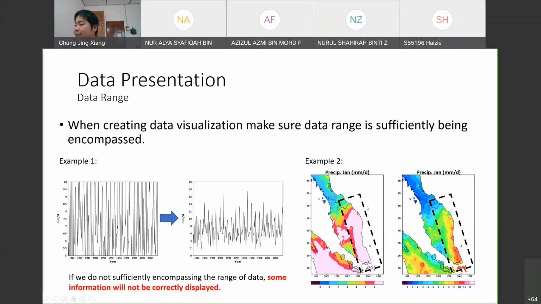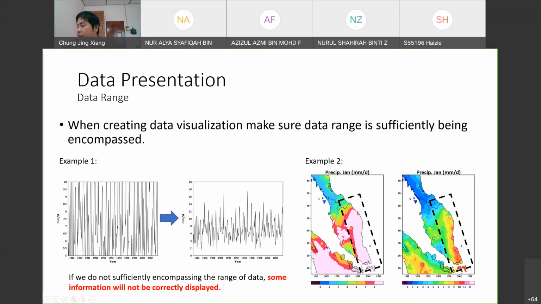On the left side, you can see very large patches of pink color. Pink color signifies rainfall of more than 6 mm per day. If you plot something like this, you only get a big patch of pink color, signifying the rainfall is very high here, more than 6 mm per day.